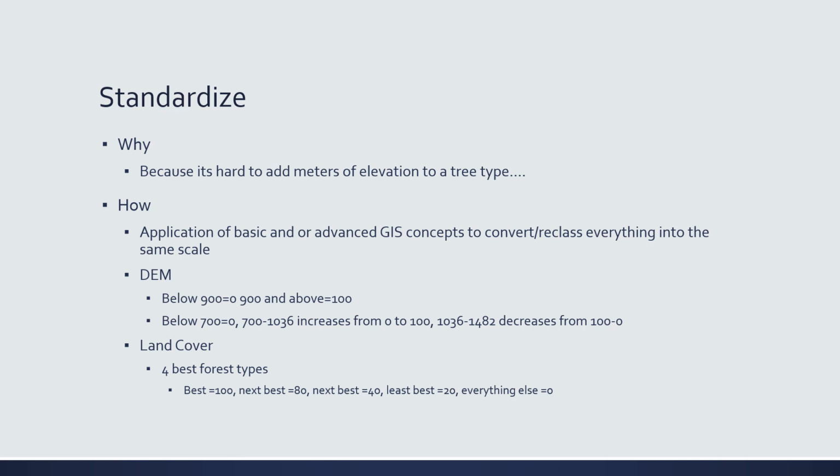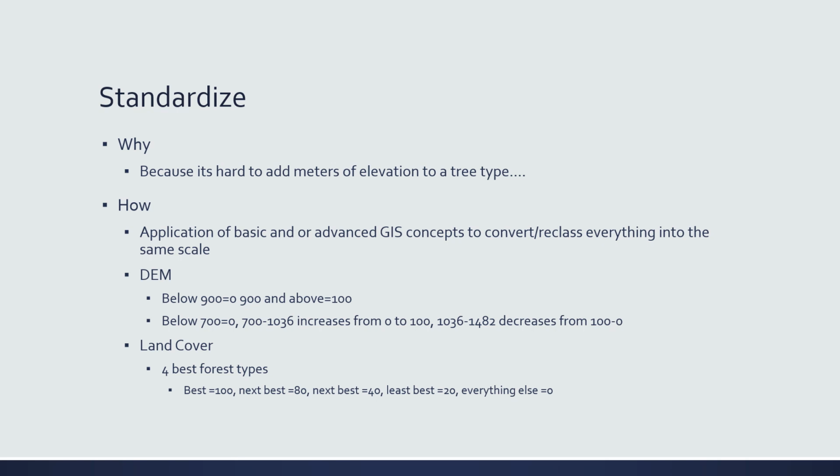Now, for my model, I'm looking at a slightly different piece of documentation, and the paper that I was looking at said that they rarely found these squirrels below 700 meters in elevation. So that gave me a lower starting point. But they found the most evidence of these squirrels at around 1,036 meters.